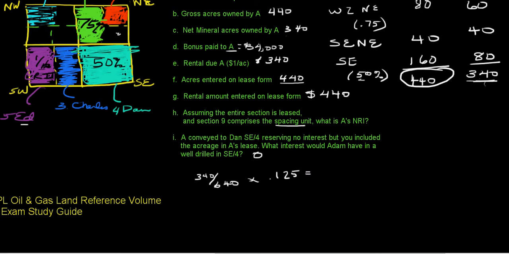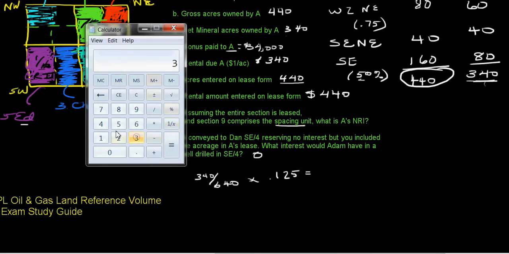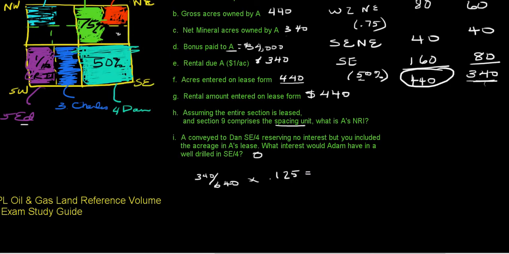So that calculation is going to be 340, the net acres, divided by 640, the total acres in the unit, times 1/8 the royalty. And that interest is going to be 0.06640625.